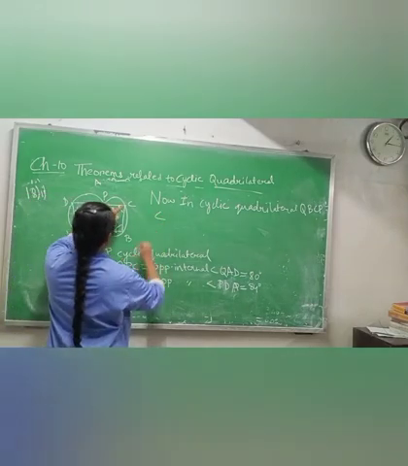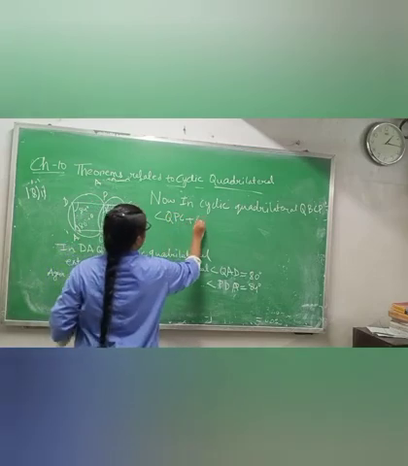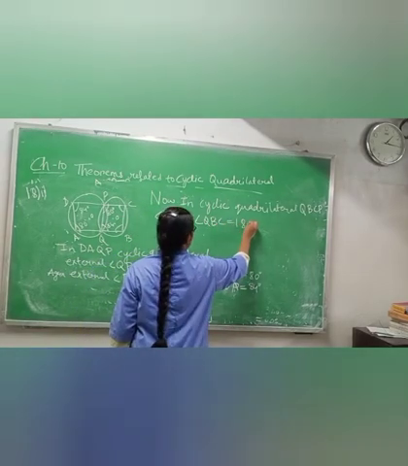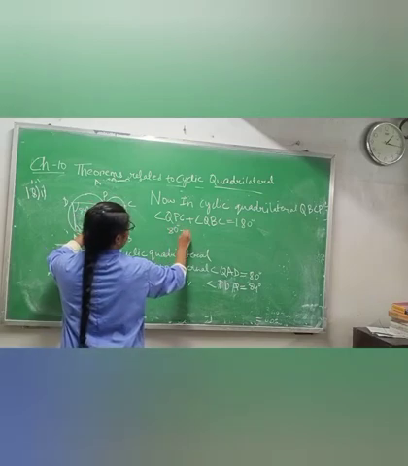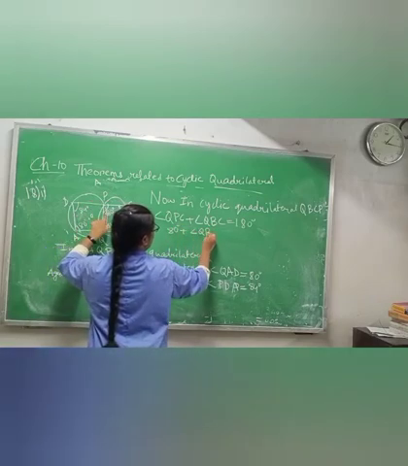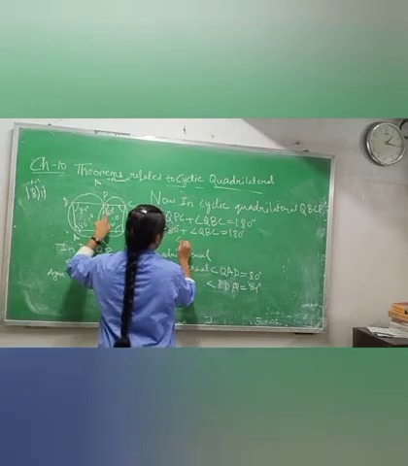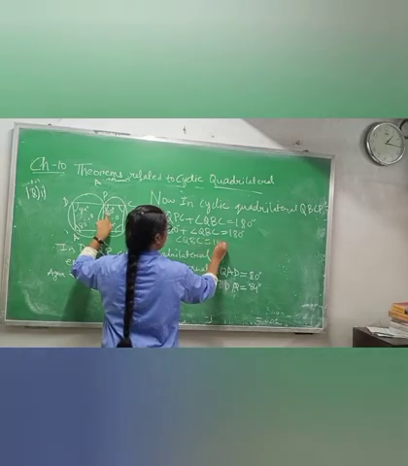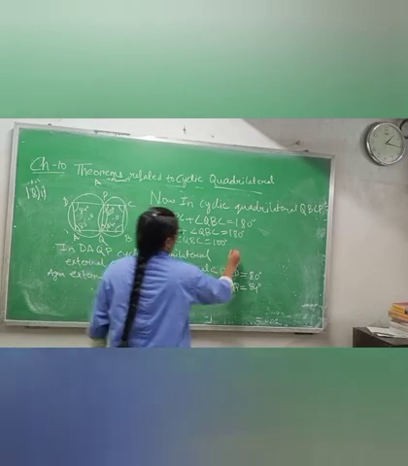Angle QPC plus angle QBC equals 180 degrees. You know the QPC value is 80 degrees, plus QBC, you will get 100 degrees. So I am writing, therefore, QBC equals 100 degrees. How? Plus 80 degrees will go there, it will become minus.